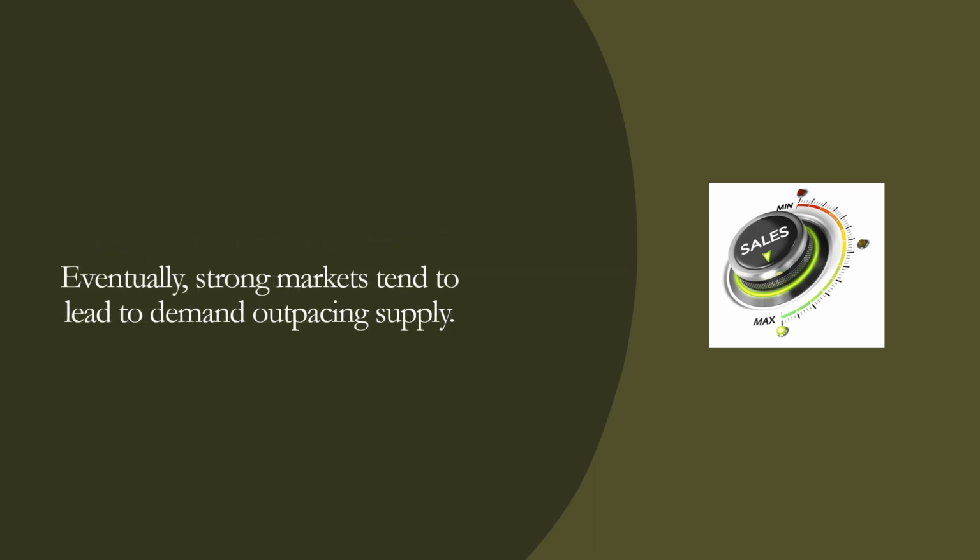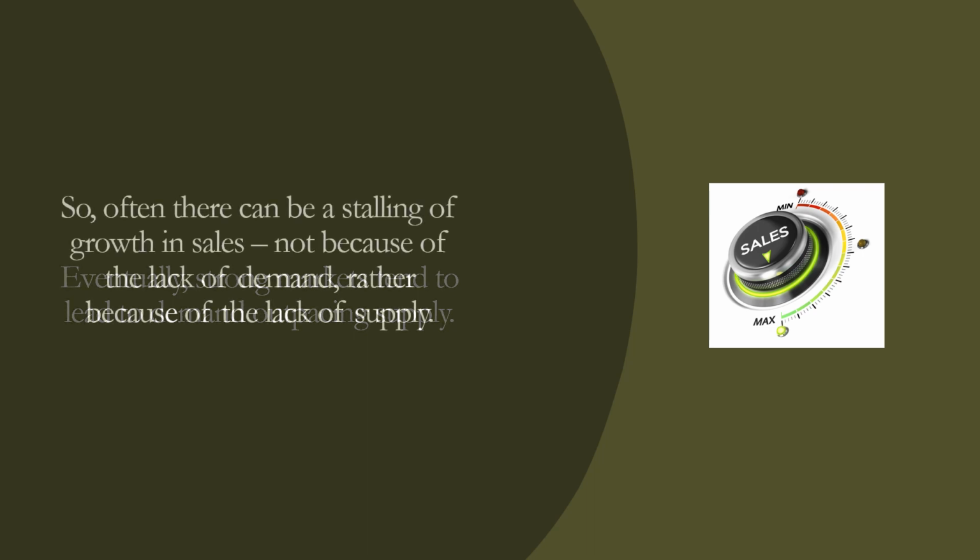Eventually, strong markets tend to lead to demand outpacing supply. So often, there can be a stalling of growth in sales, not because of the lack of demand, rather because of the lack of supply.